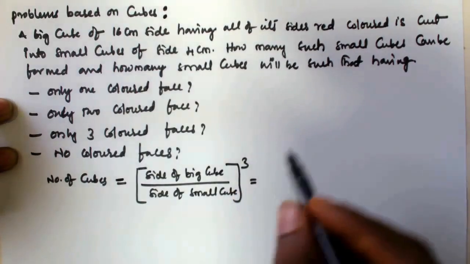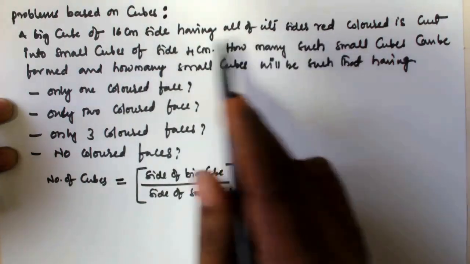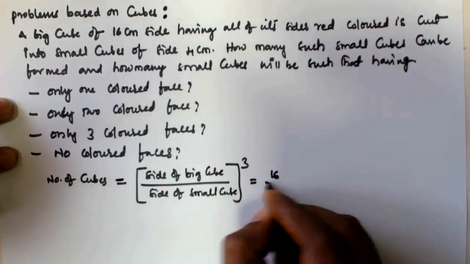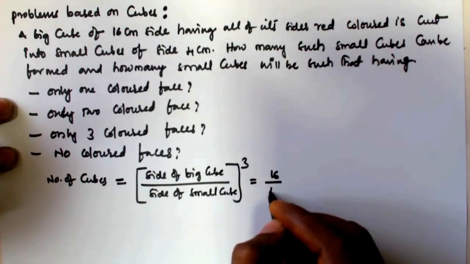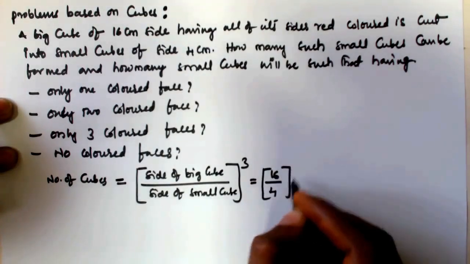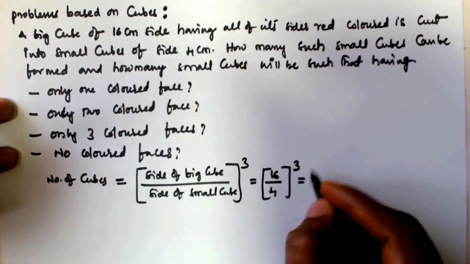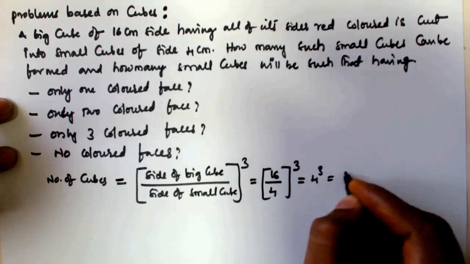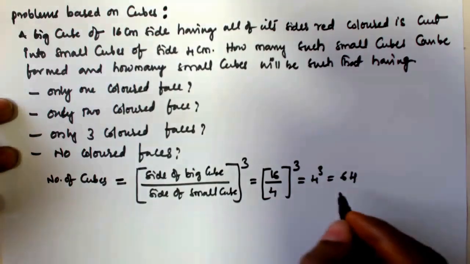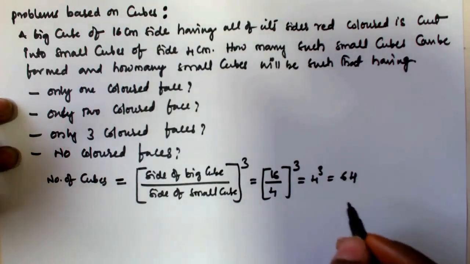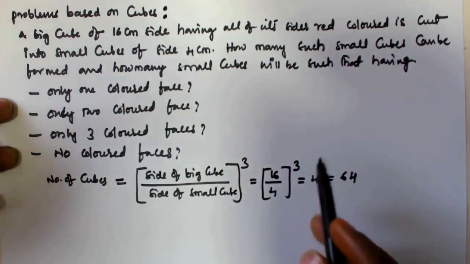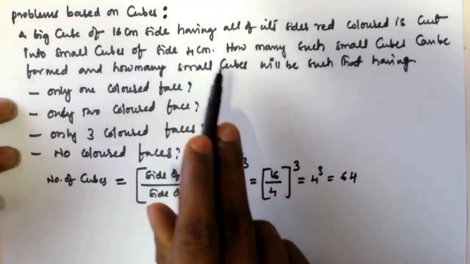In this case, the size of the big cube is 16 centimeters, and the side of the small cube is 4 centimeter. So 16 by 4 is 4, and 4 cube is equal to 64. So that means total 64 cubes can be formed, whose size is 4 centimeters.